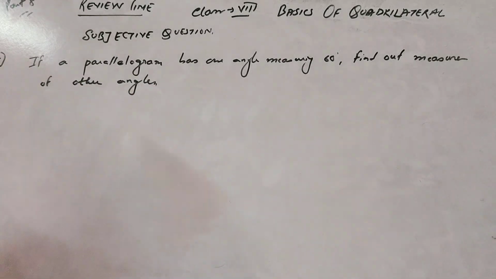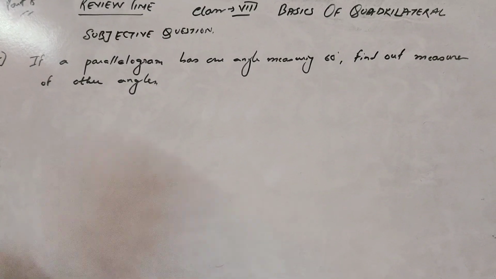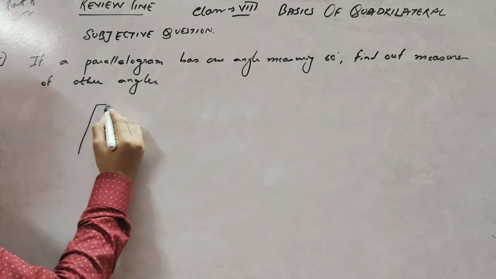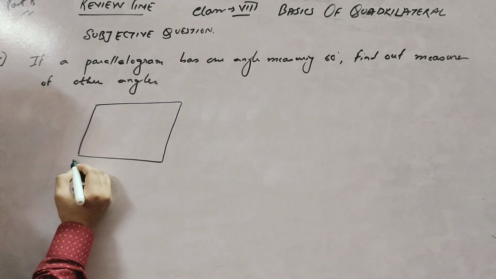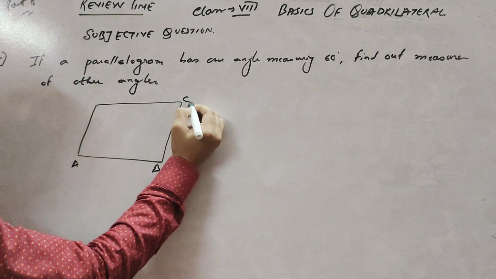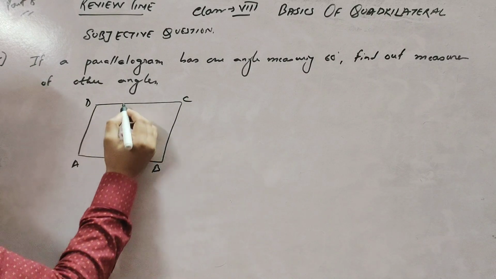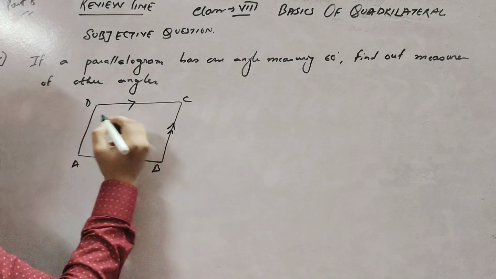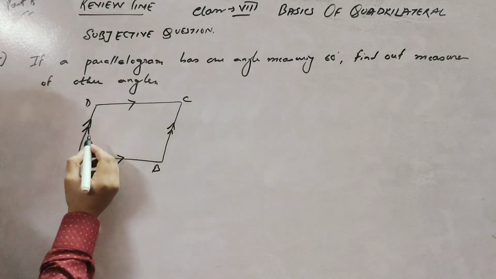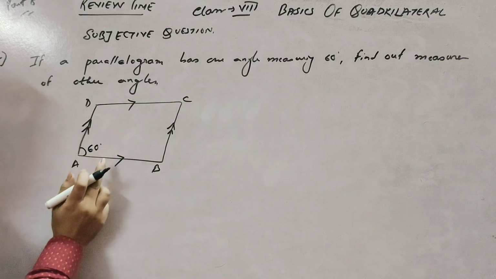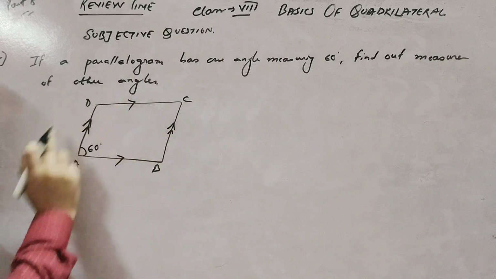Okay, so there is a parallelogram. The angle given is 60 degrees, only one angle is given, find the other angles.